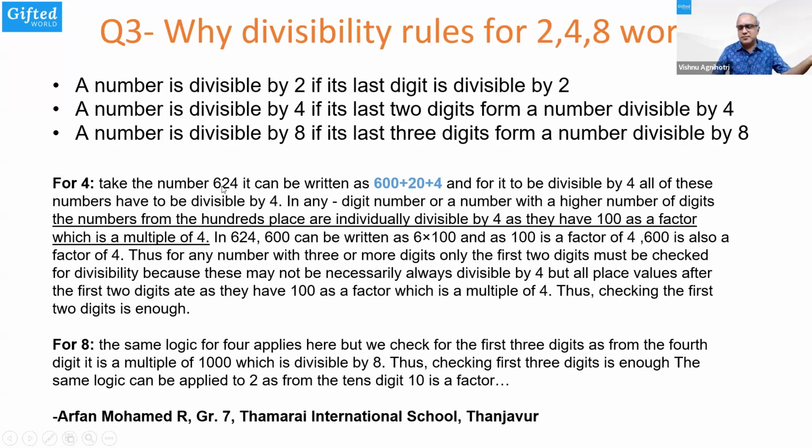So if it is the hundreds place, you know that 600 is definitely divisible by 4. So we only have to bother about looking at the last two digits. Are they divisible by 4? Similarly for 8, you have to look at the last three digits because 1000 is divisible by 8.